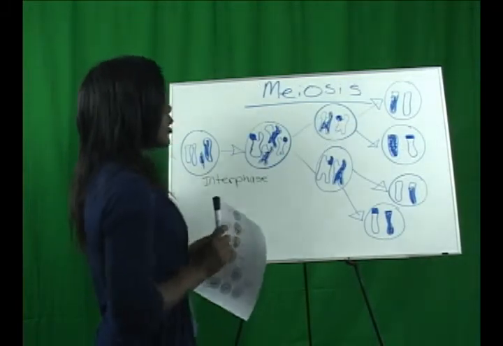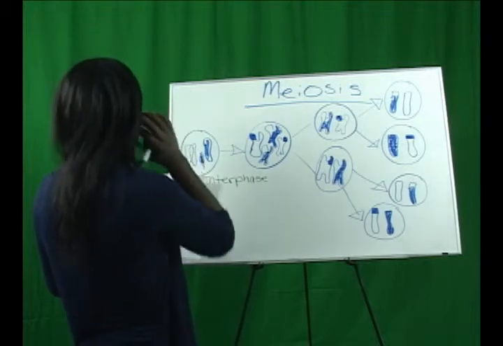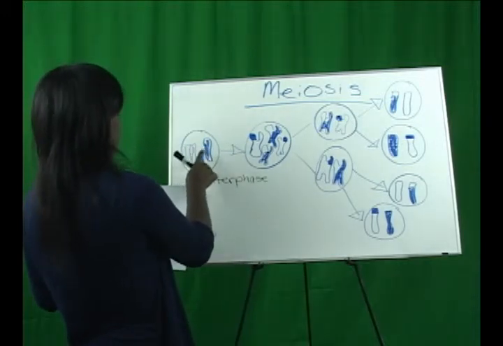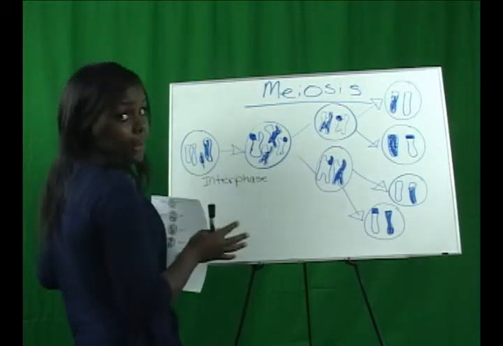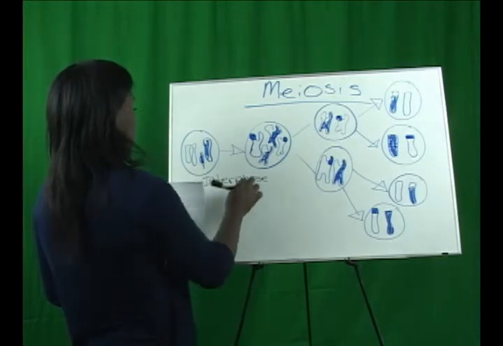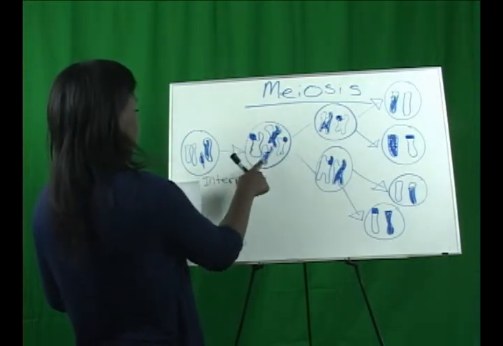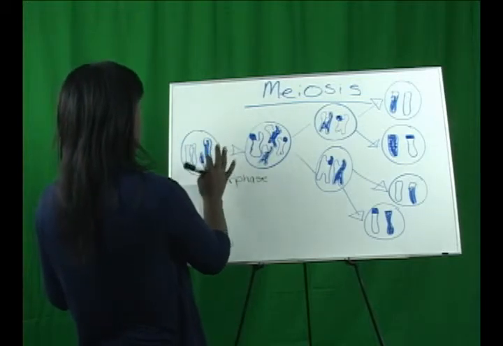Okay, so now moving on to meiosis. Now with meiosis, we have the chromosomes from the parents within the nucleus. And during meiosis, the chromosomes from both parents are copied and paired to exchange portions of DNA. And in here, the chromosomes are replicated. So you see we have more chromosomes here than we started off with.